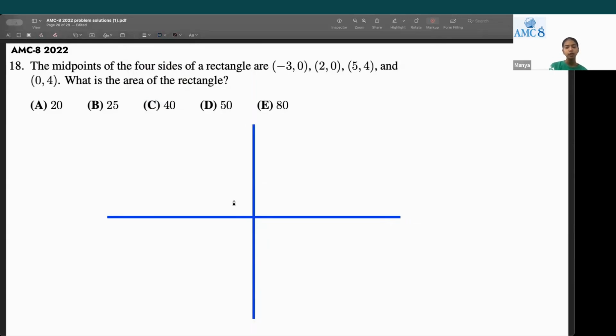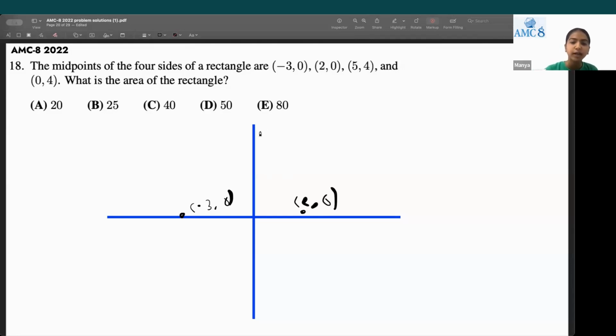So (-3, 0) should be somewhere around here. And the next point should be (2, 0), which is about here maybe. This is not a perfect graph, but it's an estimate, so it's pretty close.